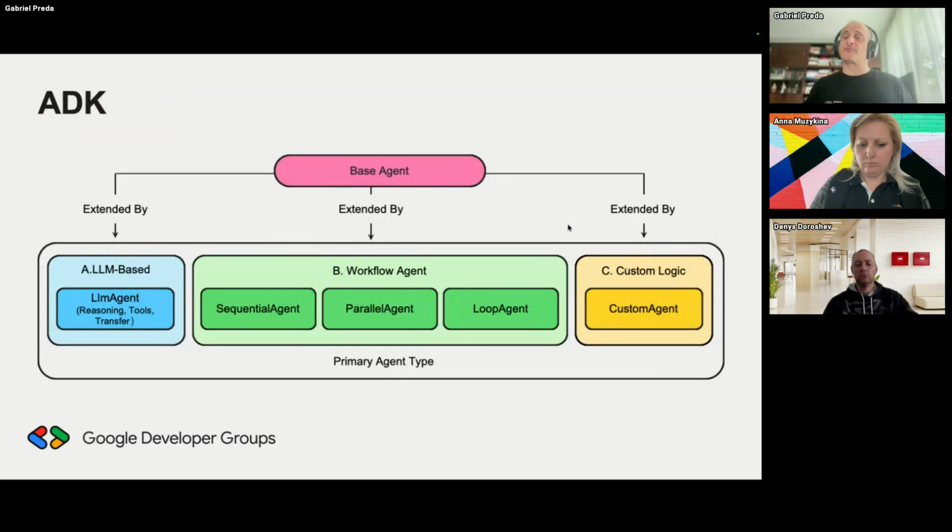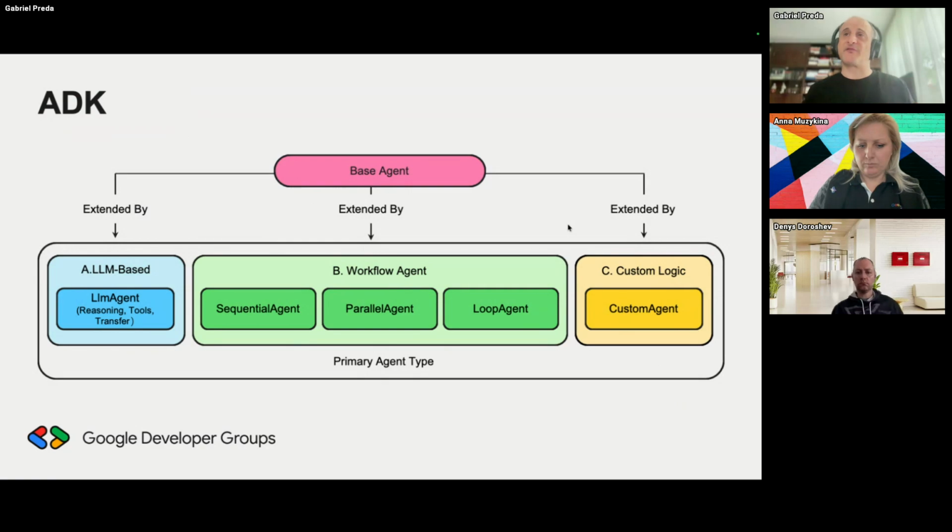A few words about it. In terms of agent structure, all agents are derived from a base agent. And we have basically three main types of agents, two predefined and one custom agent. So basically you can create, by deriving from base agent, your own breed of agents.